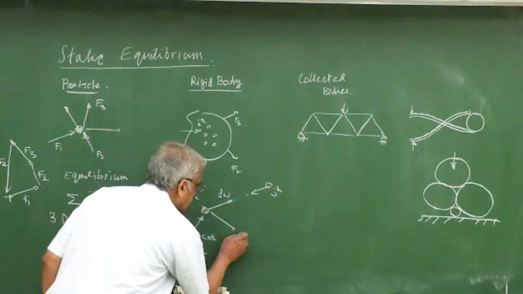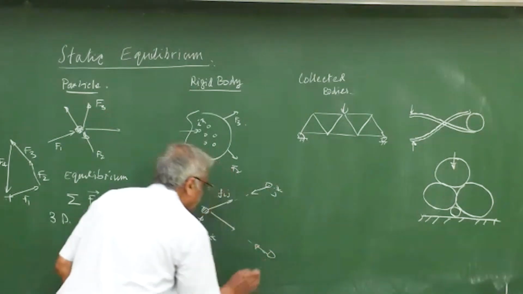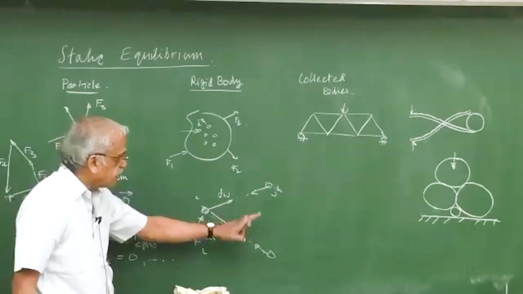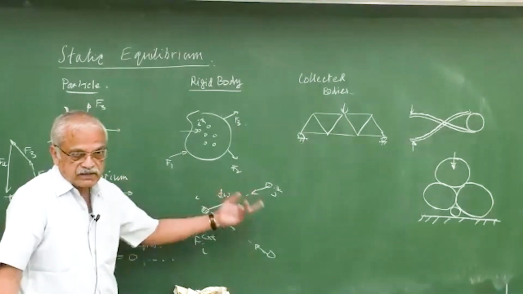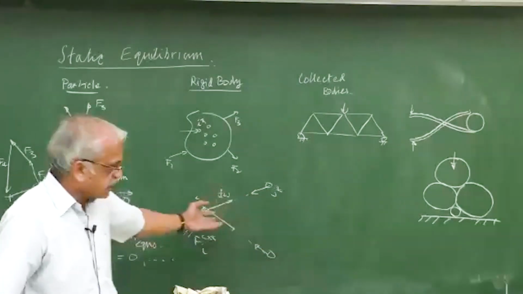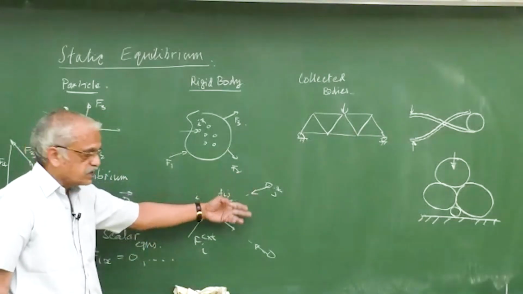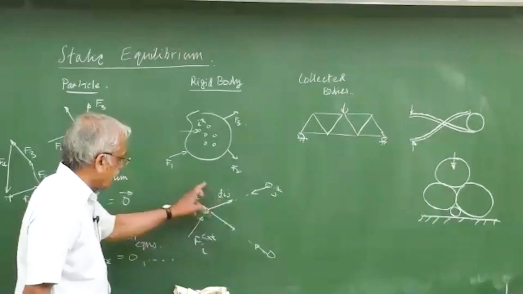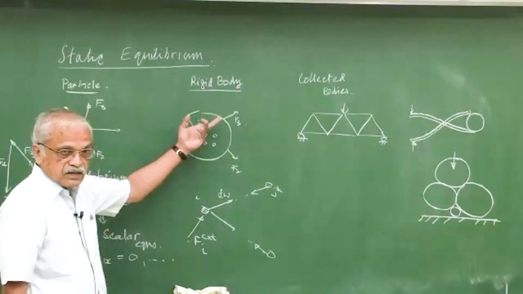Like this, you have a number of particles in the neighborhood, where there is an Fij, Fik, or Fi1, Fi2, Fi3, where the first subscript denotes where they are acting, and the second subscript denotes where they are coming from. So we have an external force which is from the external agency.